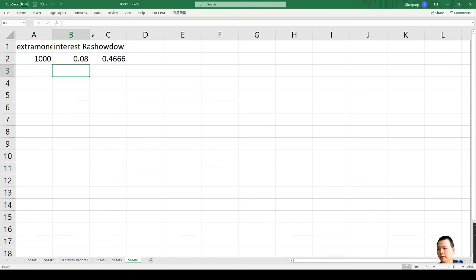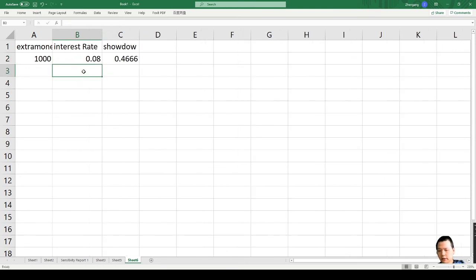So the cost will be the rate times the money you borrow, right?